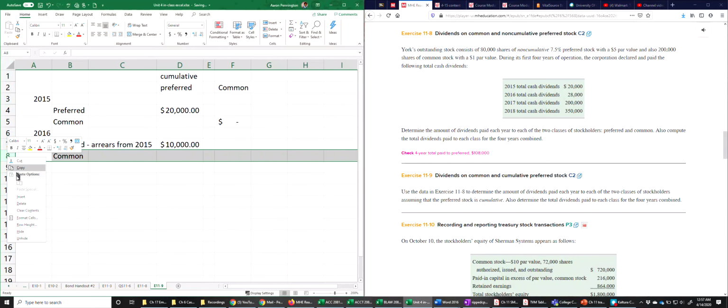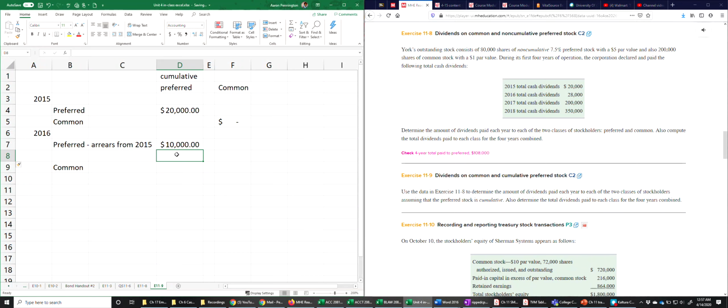And they still are entitled to the first 30,000 in 2016. But there's not 30,000 left. 28 was paid, and we've already accounted for 10. So the remaining 18 is what the preferred shareholders get in 2016. And then the dividend is exhausted, so common gets nothing again.